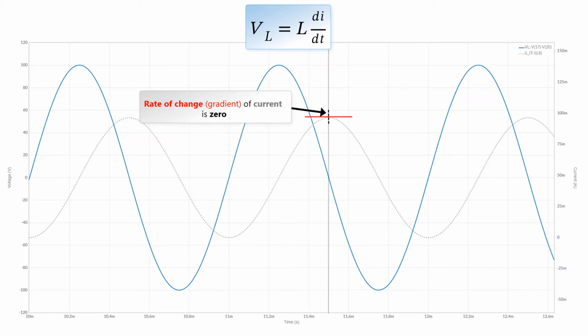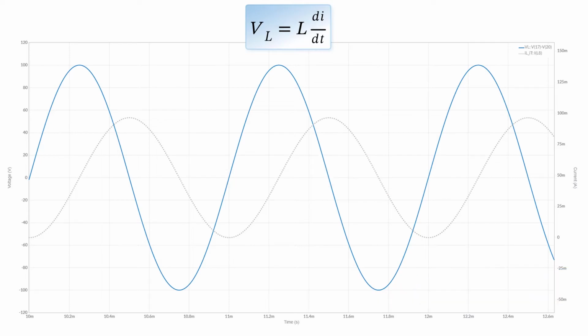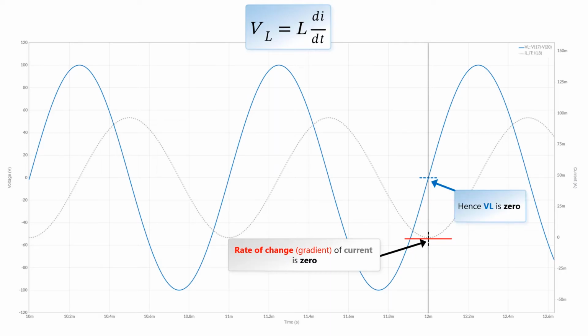When the gradient of current, di/dt, is 0, it's flatlined, VL is 0. When the gradient of current is downhill and steep, it's at its maximum negative value, VL is at its negative peak value. And again, when the rate of change of current is 0, VL is 0. And that is why voltage leads current for an inductor.